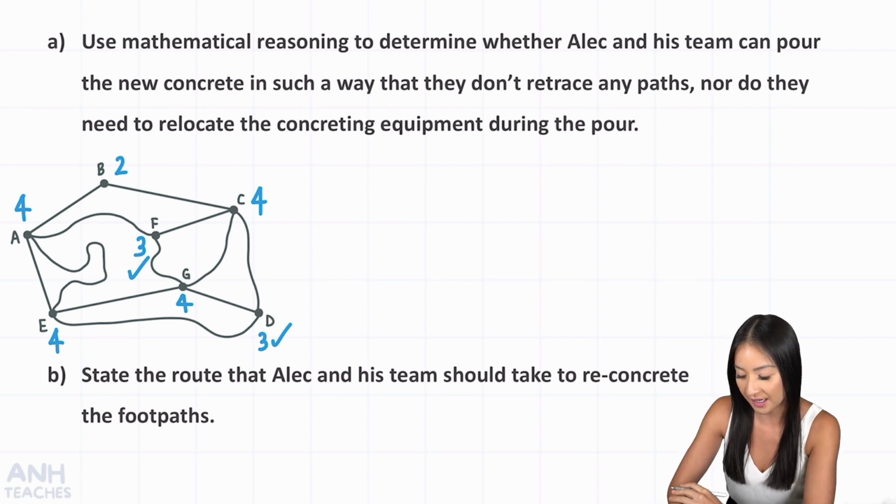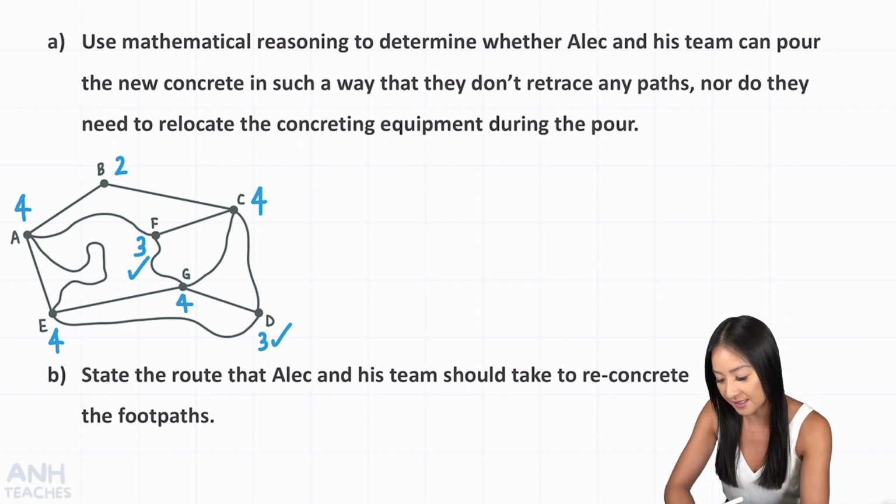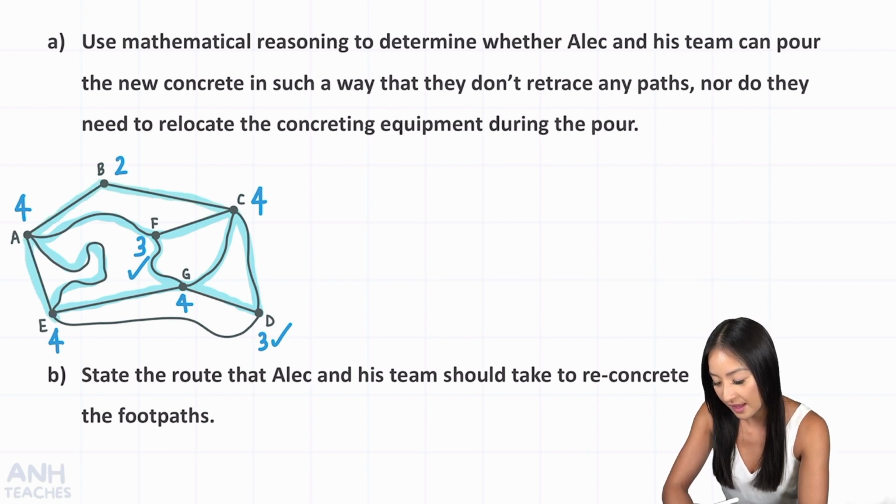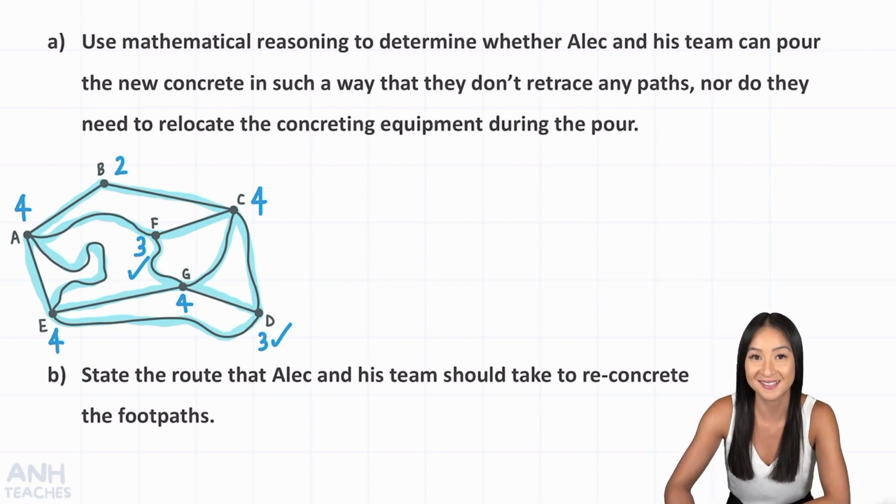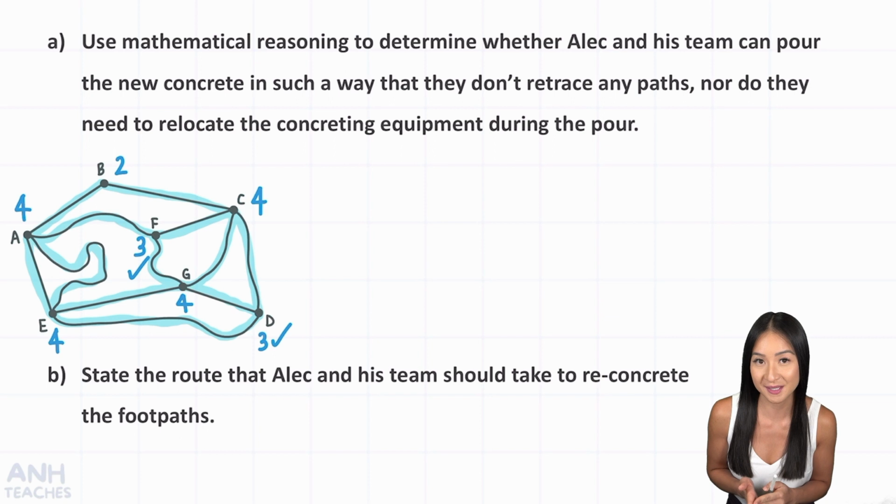Let's look for that semi-Eulerian trail, starting at one of the odd vertices and tracing along until we cover all the edges and end at the other odd vertex. So this graph is traversable, it contains a semi-Eulerian trail, and it has exactly 2 odd vertices. So this graph is a semi-Eulerian graph.